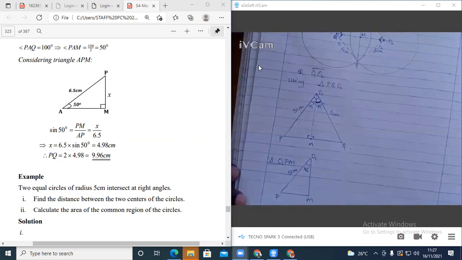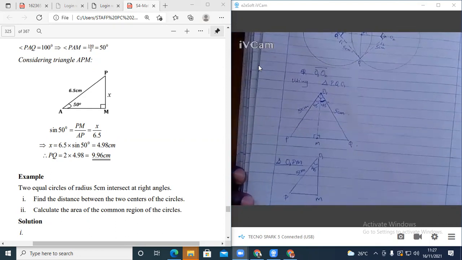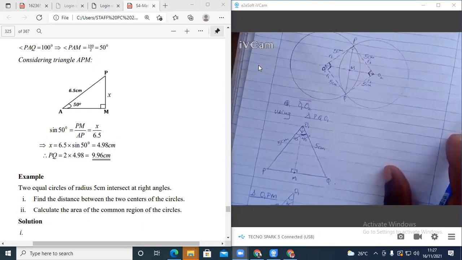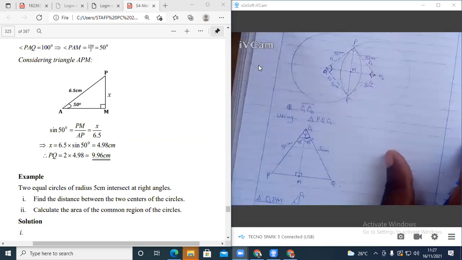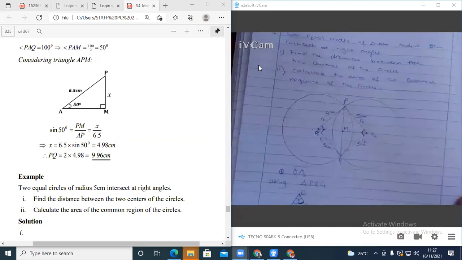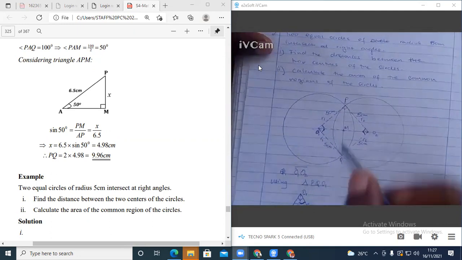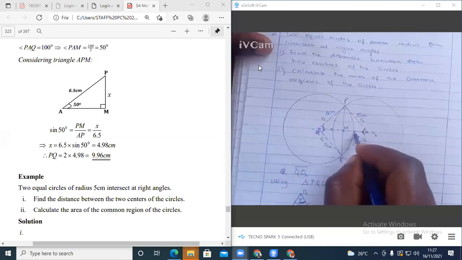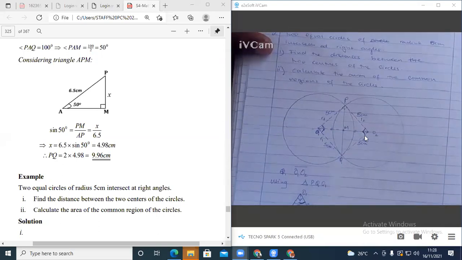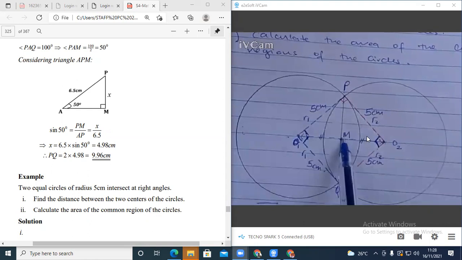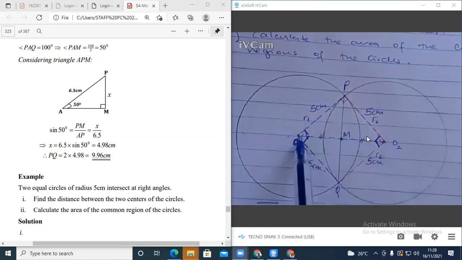Now, how do I get OM? Because this distance here is equal to this distance. They are equal. So if I get OM, I multiply by 2 to get O1O2, the distance in between, so I'm getting O1M.